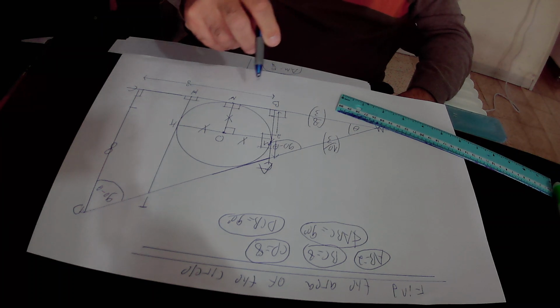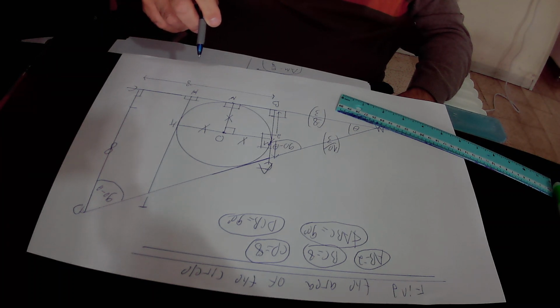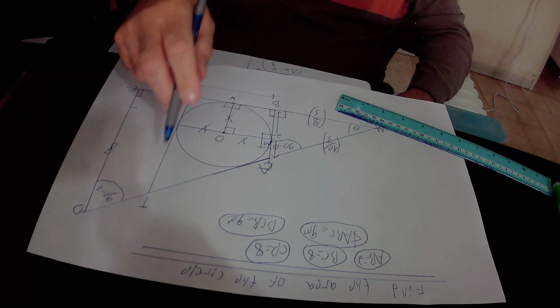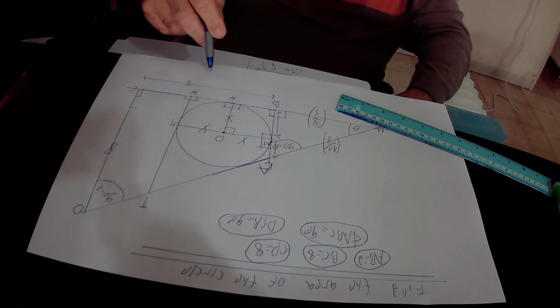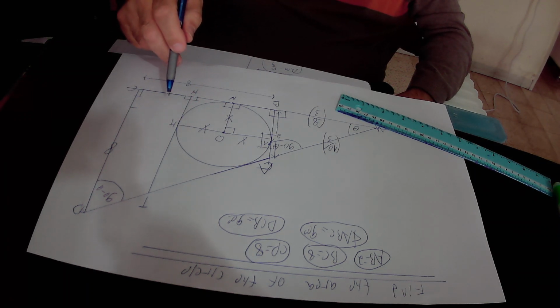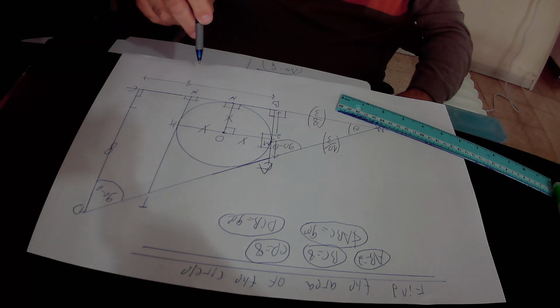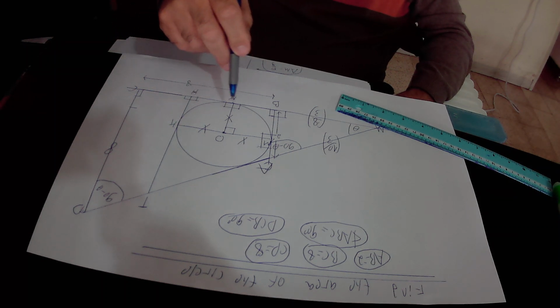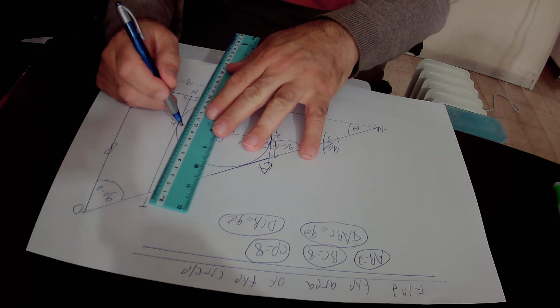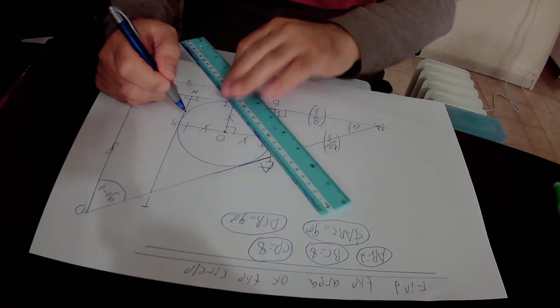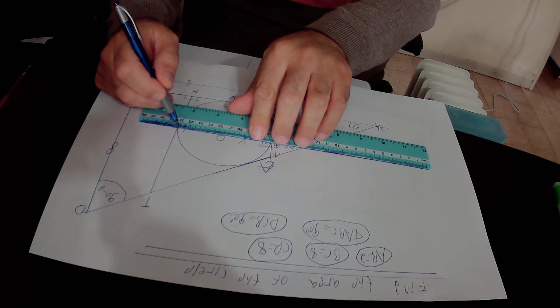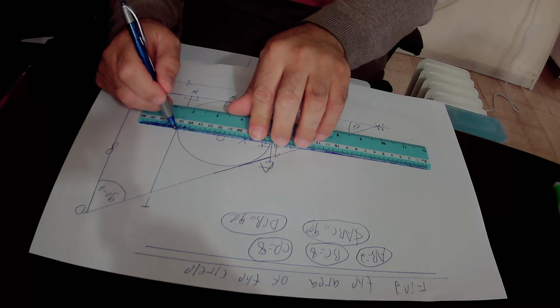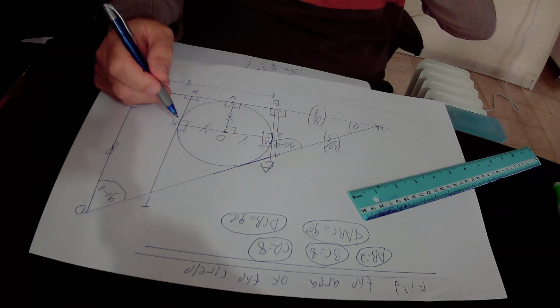And whenever we have a radius that is perpendicular to the point of tangency, then this tangent TH will be perpendicular to the radius KO. If TH is perpendicular to KO, then this angle equals 90 degrees, and this angle equals 90 degrees according to rule number 1.